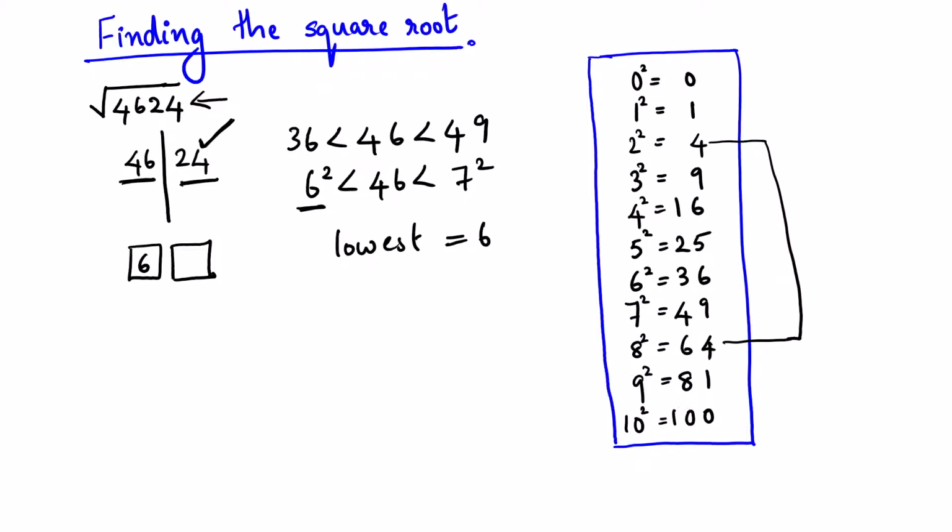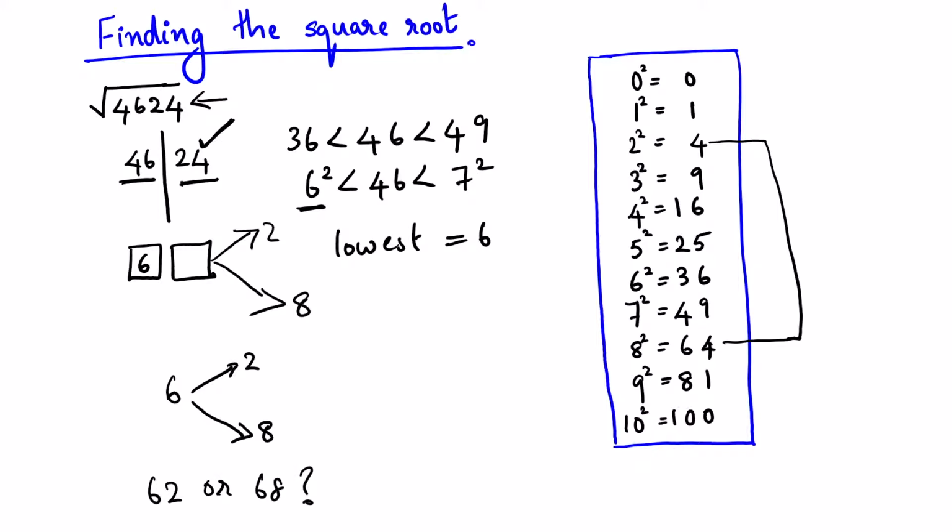So this ones digit can be either 2 or 8. Now we have two numbers, right? It can be 62 or 68. We have to confirm which is the number, 62 or 68.